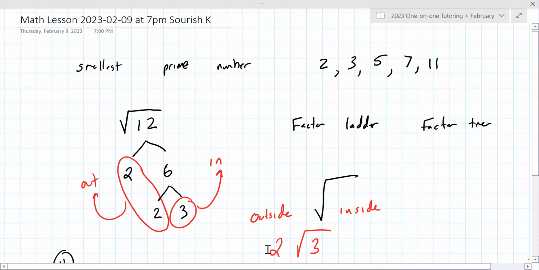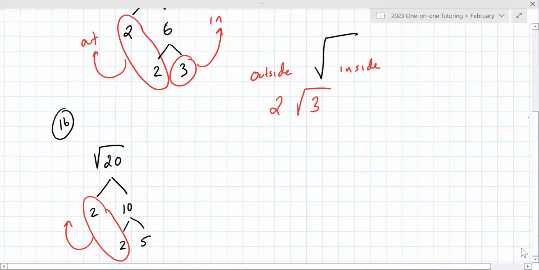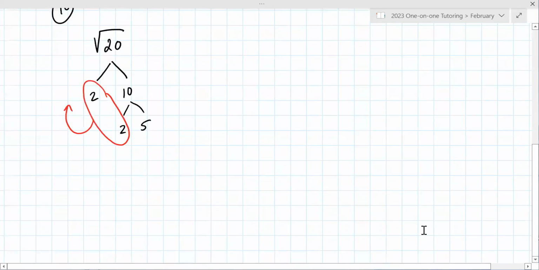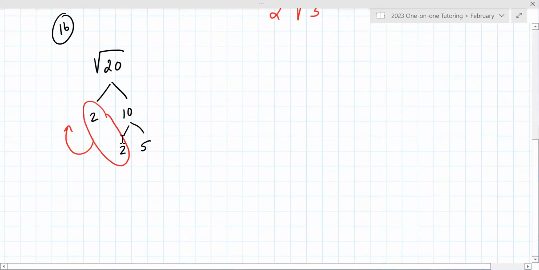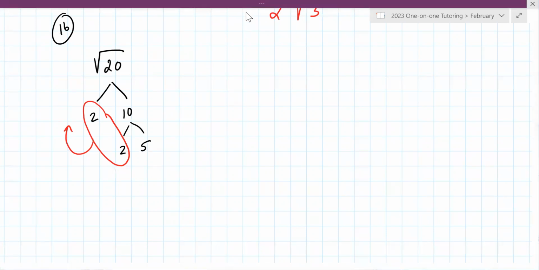See how there's a 2 on the outside? So what do you do to this pair here? I don't know. What I'm asking you, what do you do with the pair? You have to divide by 2.